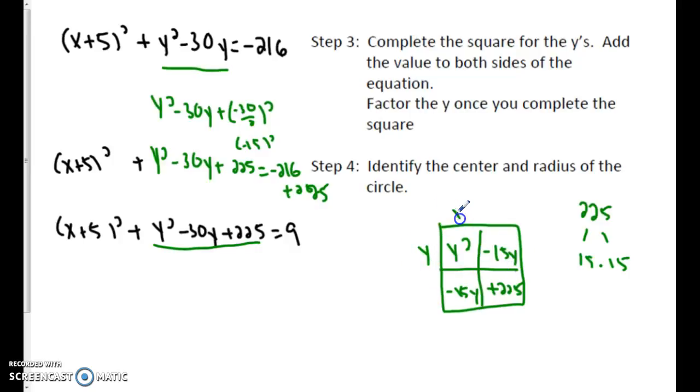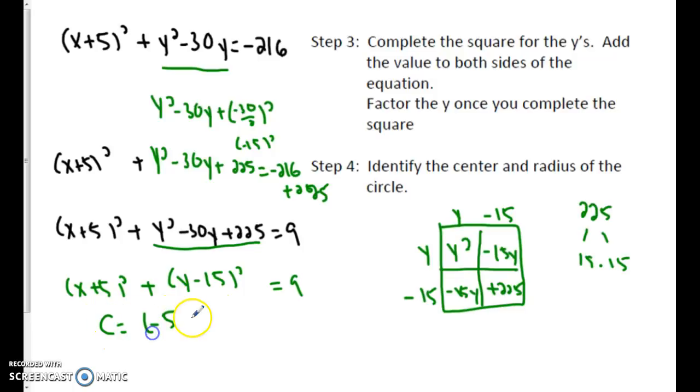So I have a y that goes into both of those, negative 15 that goes into both of those. So it looks like I have y minus 15 squared plus x plus 5 squared equals 9. So my center is going to be negative 5, 15, and my radius is going to be 3, because r squared equals 9, so r equals 3.